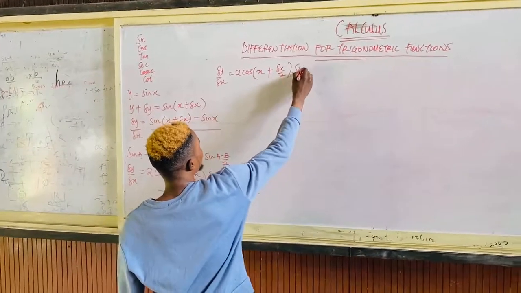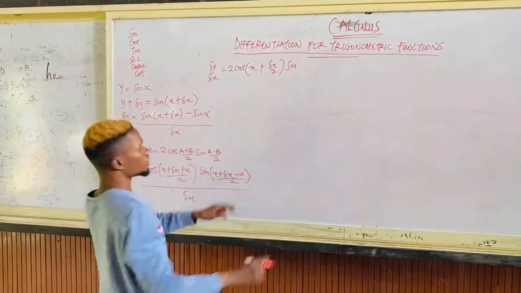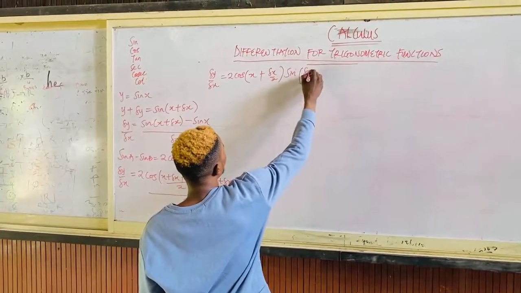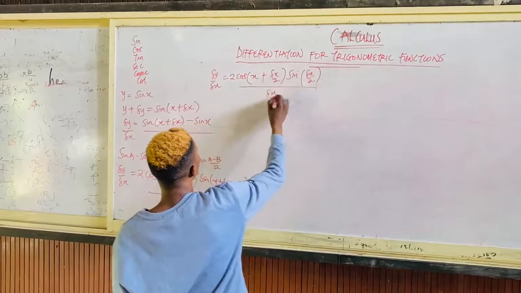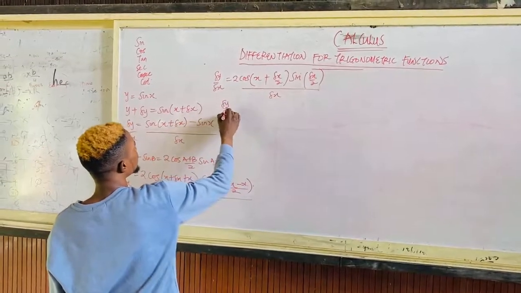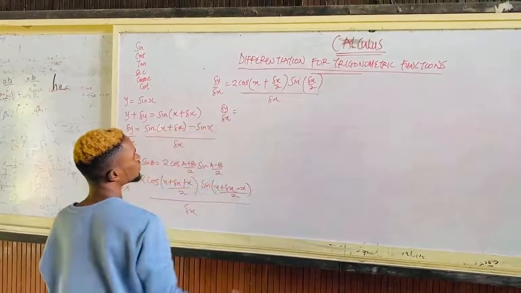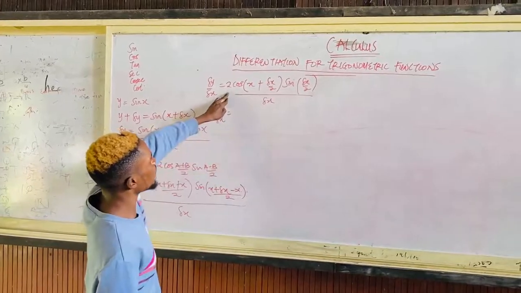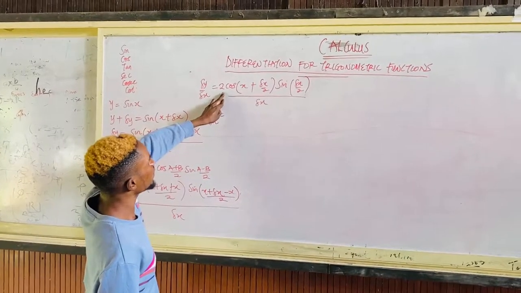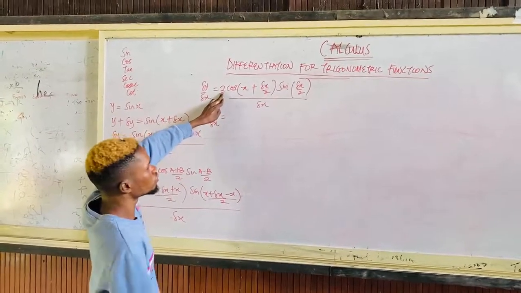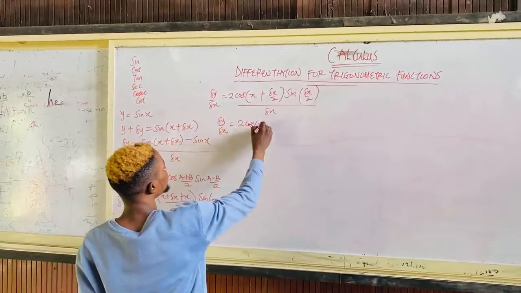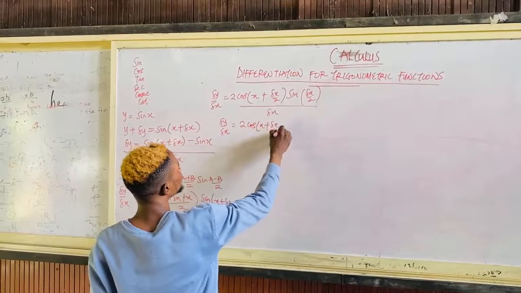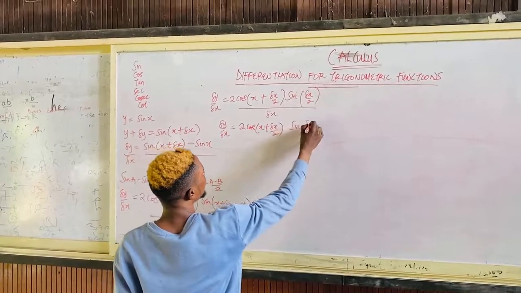Then sine of x minus x, which is 0, plus del x all over 2, then all over del x. So del y over del x is the rate of change. If we transfer the numerical factor 2 to the right hand side, we can still write this as 2 cos (x plus del x all over 2), then sine (del x all over 2) all over del x.